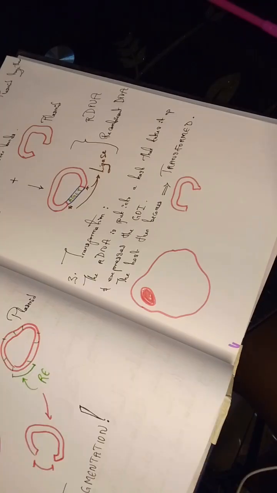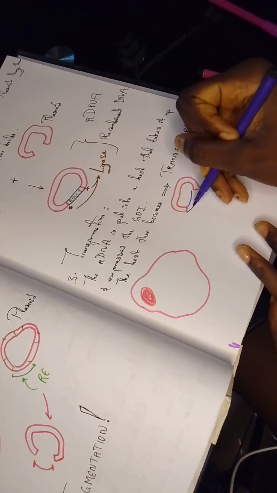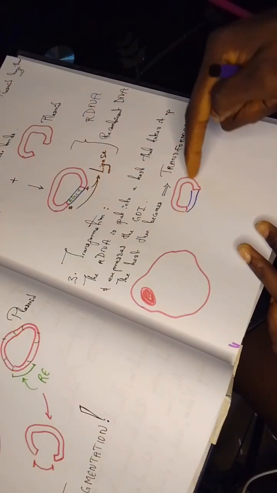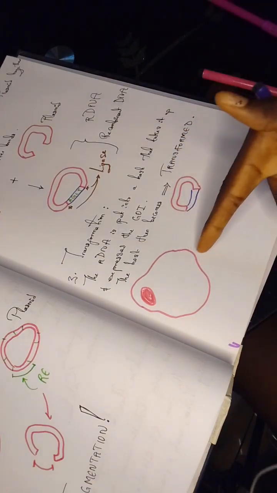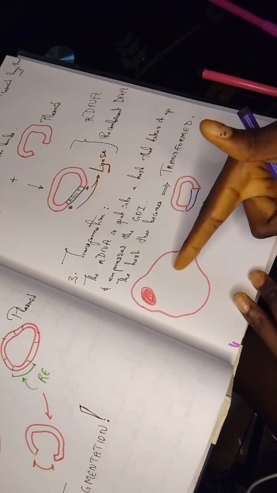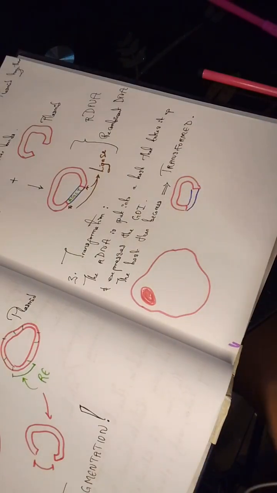Remember the recombinant DNA is literally the plasmid plus the gene of interest. So putting it back into that bacteria cell, which we call the host here, makes it transform. That's transformation. But it's not so direct.